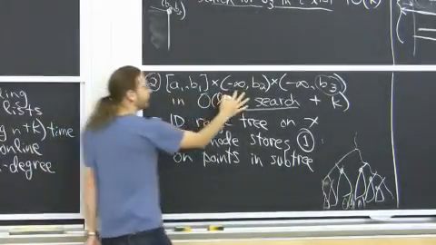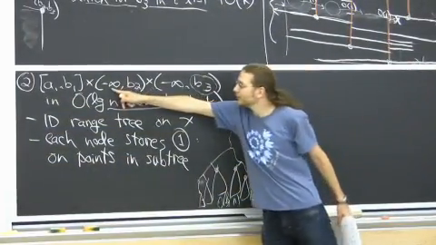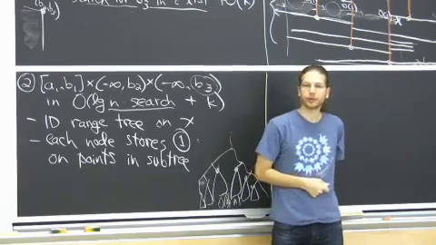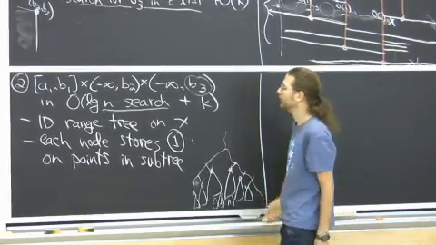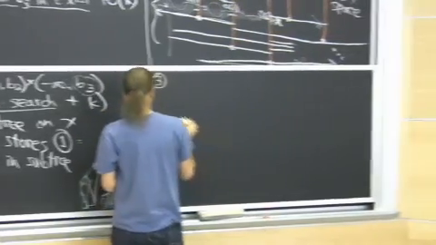This is a sort of three-dimensional orthogonal range query, but I want to put A2 here and A3 here. We're going to do that step by step. First step is A2. We're going to do it in exactly the same way twice.